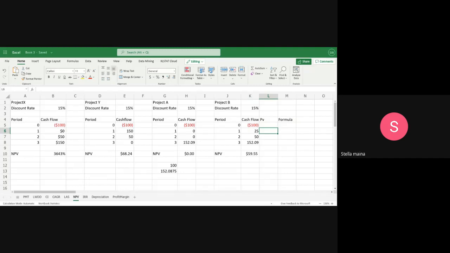For the next, the present value is K6 divided by 1.15, and you can see that is the value we get, 21.73. And then we can go ahead and do the same for the rest.